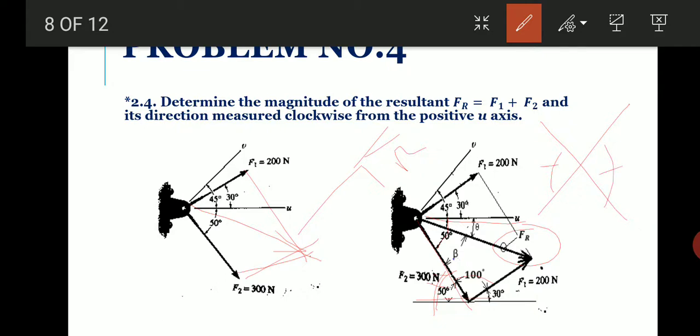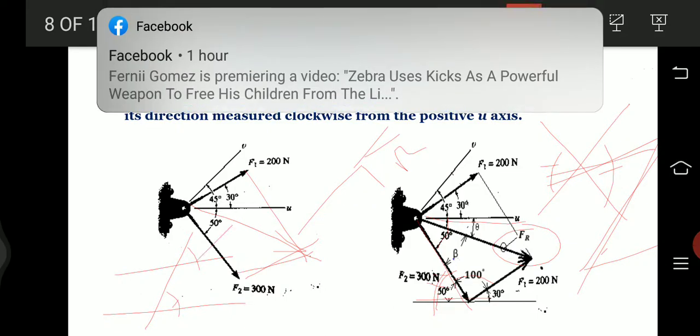If the two parallel lines meet, this angle here and this angle here is equal.